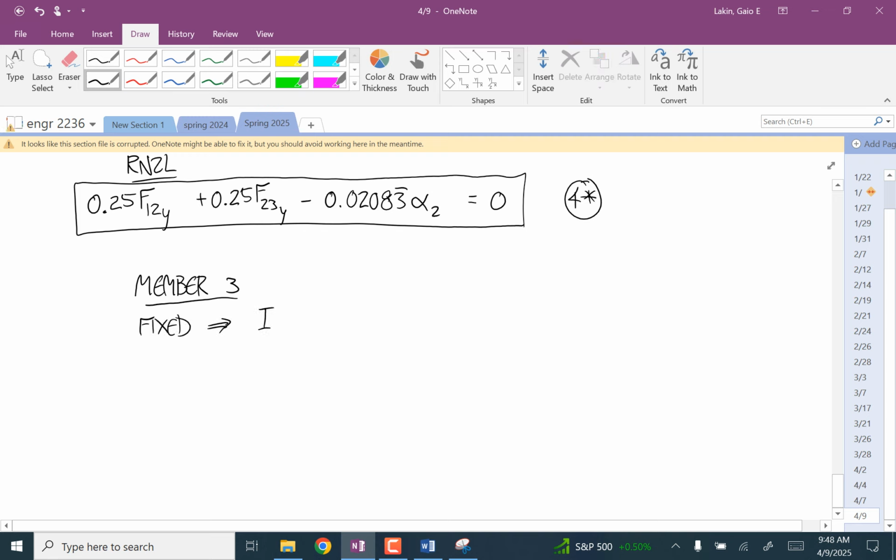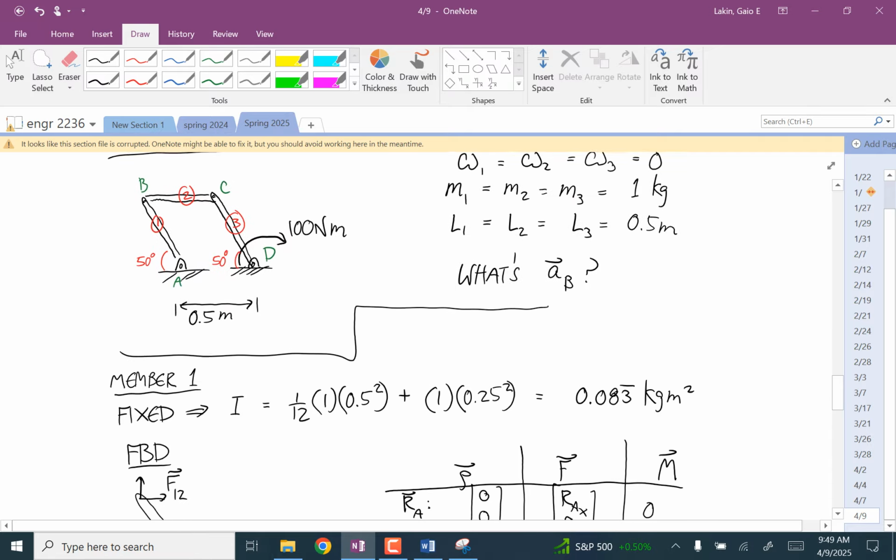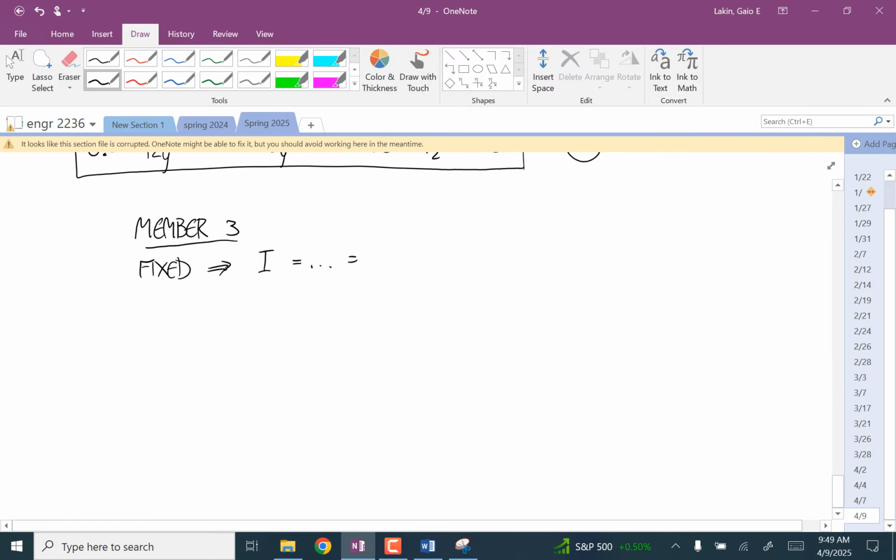And so we have to use the moment of inertia about that pin with the floor. That's going to all come out to be the same as it was with member 1. So that is 0.083 repeating kilogram meter squared. And actually, let's just stop there. We'll finish next time.